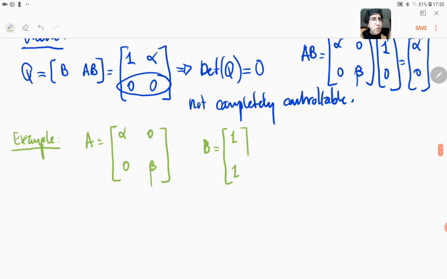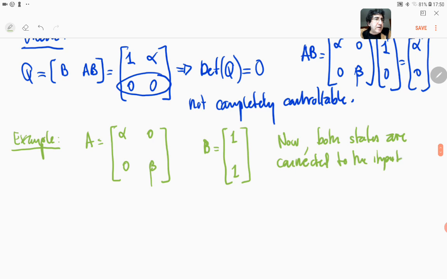So that means u actually has an effect on both states. So now both states are connected to the input. Is the representation completely controllable?